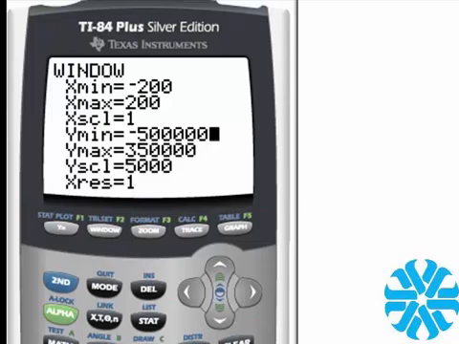Okay, and let's change the scale here on the x-axis, let's go every 10 units. Okay, and the scale here on the y-axis, let's change that to every 50,000.